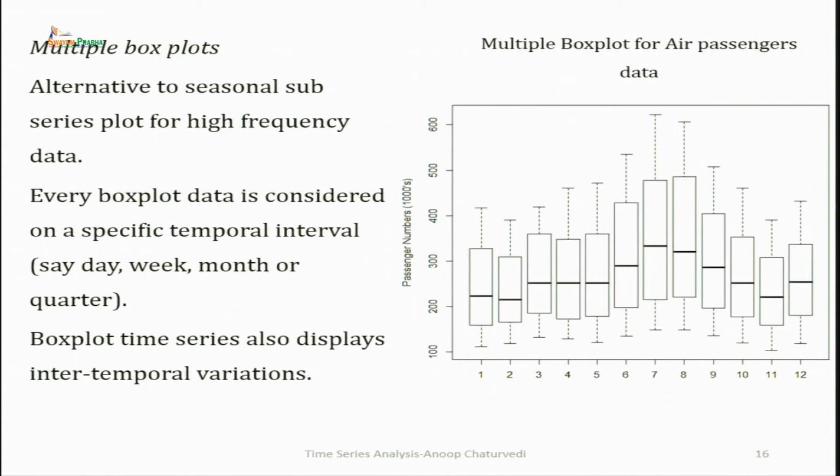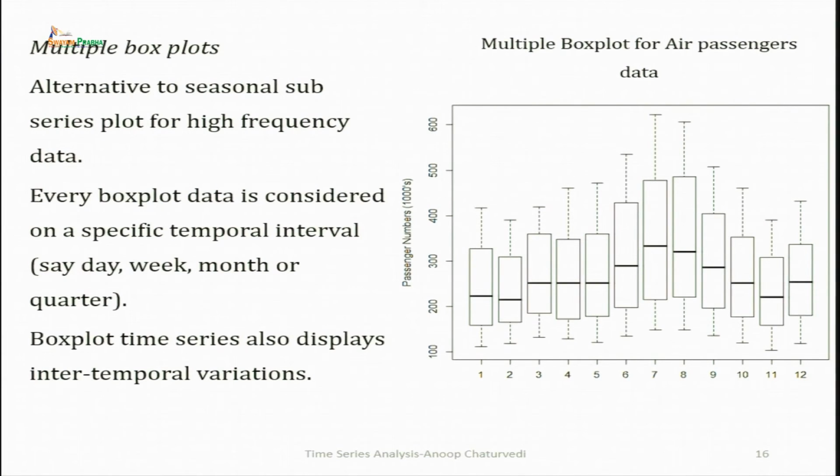Okay, now we consider multiple box plot. So, this multiple box plot provides you an alternative to seasonal sub-series plot for high frequency data. Because with high frequency data, the picture with the seasonal sub-series plot may not be very clear. So, we prefer box plot.